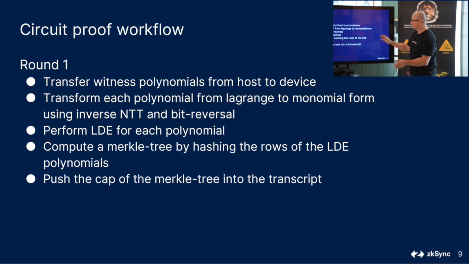Once we have the LDEs, we compute a Merkle tree on those and take a cap, so that's a certain level in the Merkle tree, and push it into the transcript, and the transcript will later generate the inputs for the next round. This is basically the Fiat-Shamir part, where we push something into the transcript, which does some hashing.